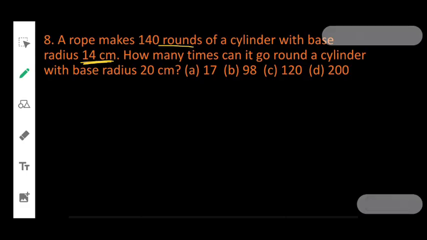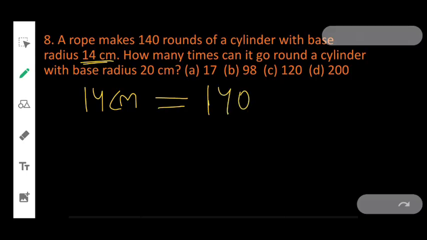So when the radius of the cylinder is 14 cm, so when the base is 14 cm, the radius is 14 cm, then the roof can make 140 rounds.